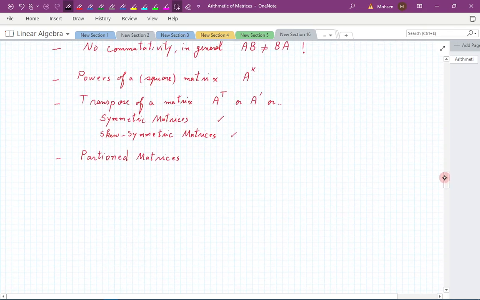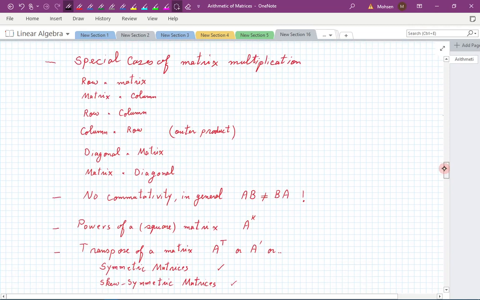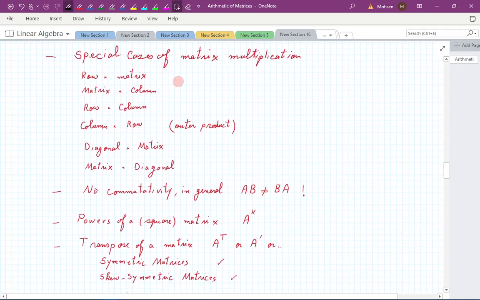Now let's take a look at some special cases. So what I have here for you for today, special cases of matrix multiplication. First, because we actually need them, and second, as extra practice on multiplication. So these are going to be matrices of special look.